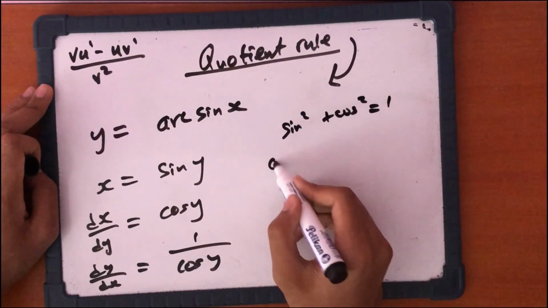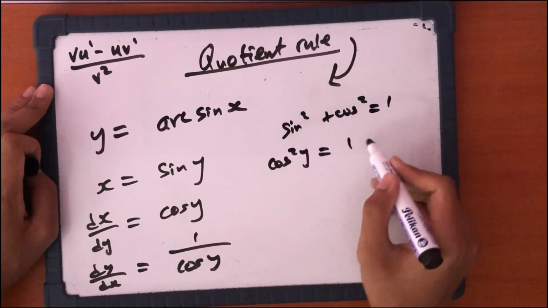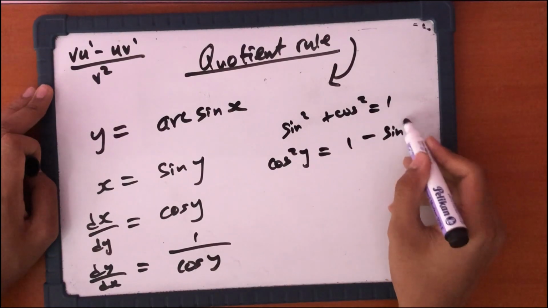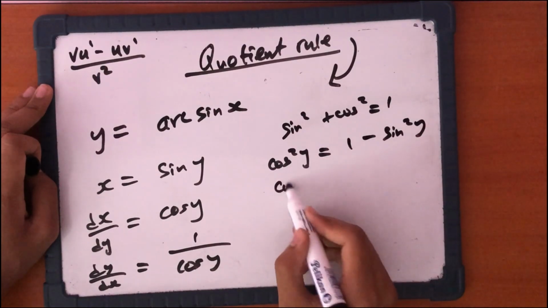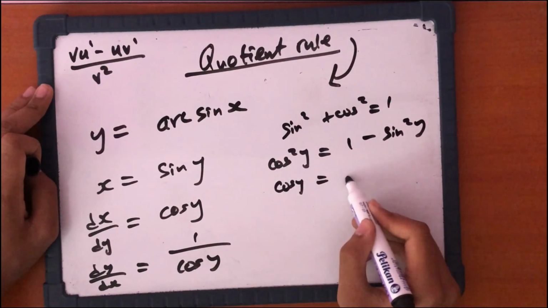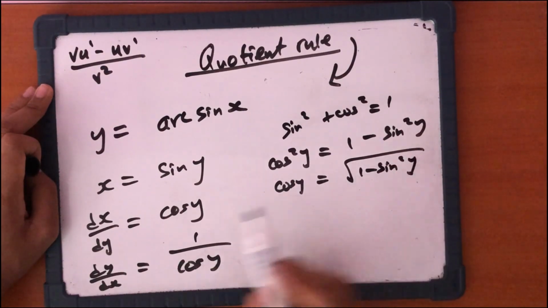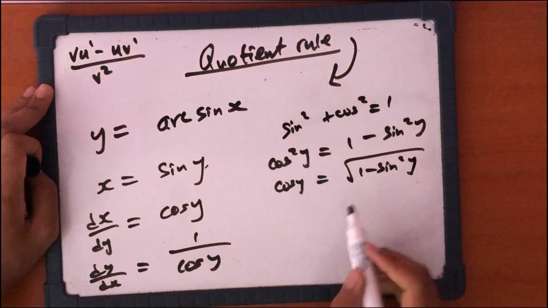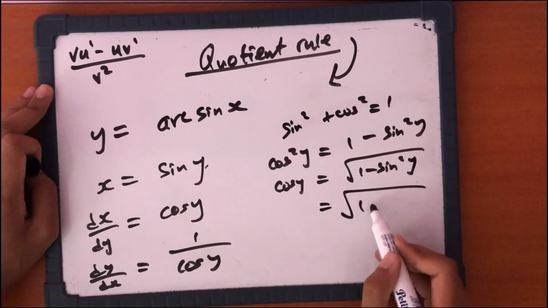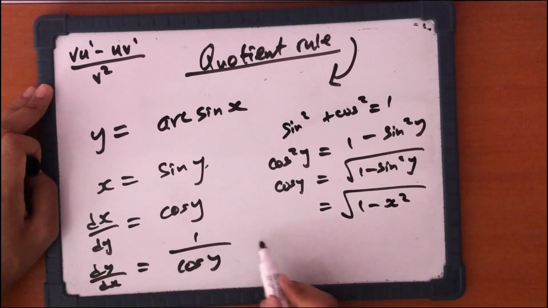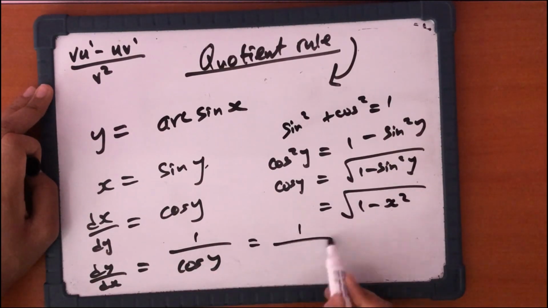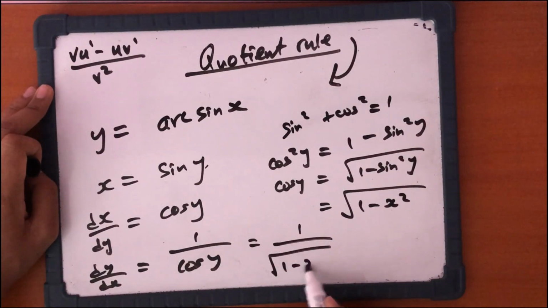So cos squared y is 1 minus sine squared y. So cosine y is just the root of 1 minus sine squared of y. And then sine y is just x. So cosine y is the root of 1 minus x squared. So the derivative simplifies to 1 over root 1 minus x squared.